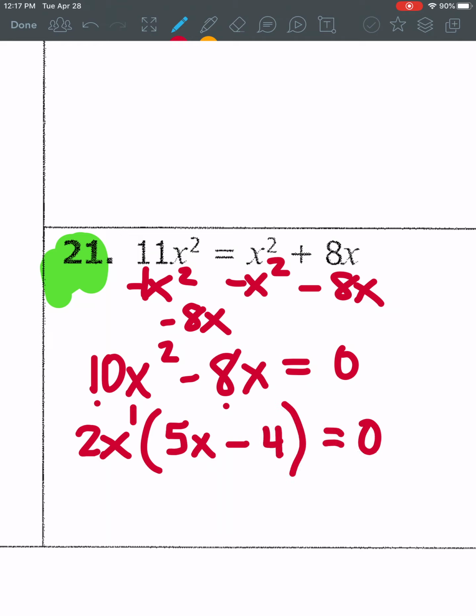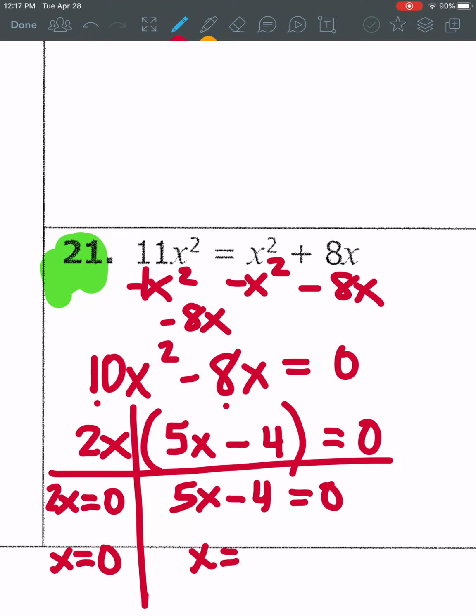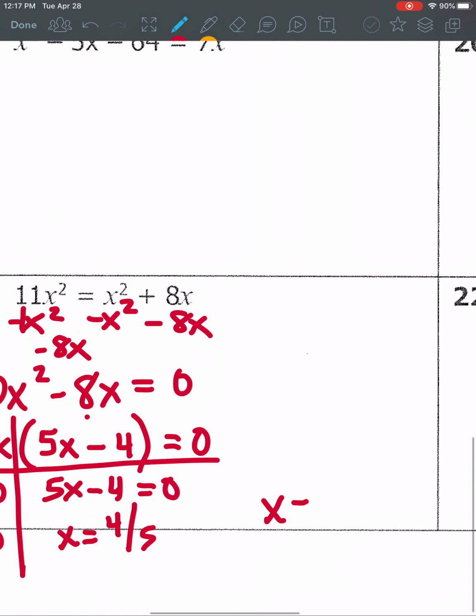So this is kind of similar to that example on the other side, where 2x equals 0, 5x minus 4 equals 0. So divide by 2, one of our solutions is 0. Add 4, divide by 5, so x equals 4/5 as well. And I'll write that. And there we go. All right.